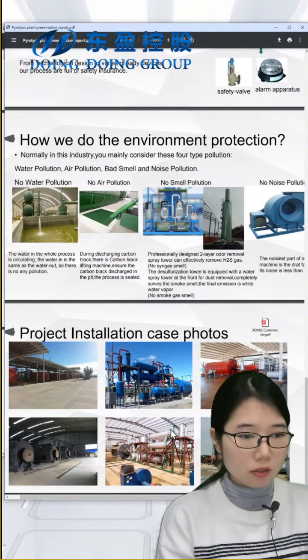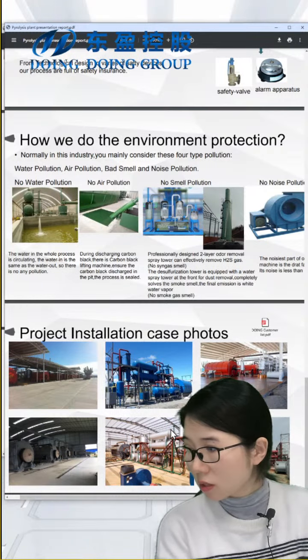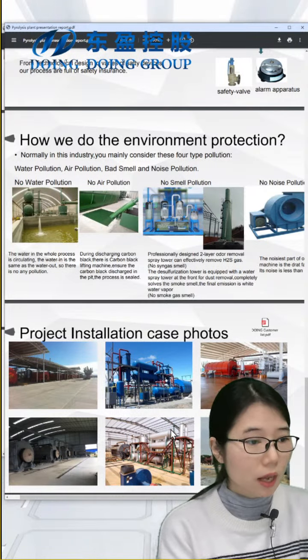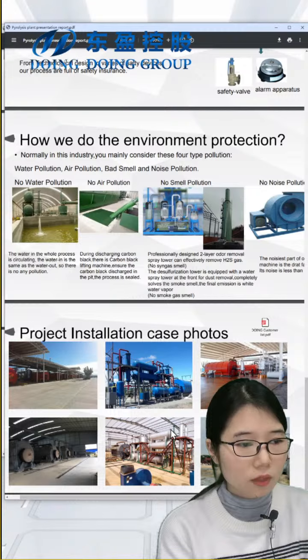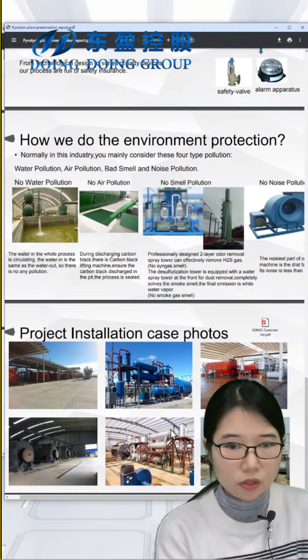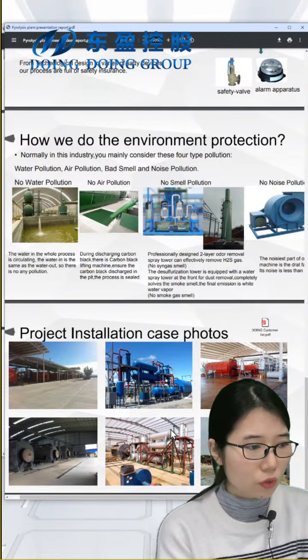Some customers may worry about the machine installation because they say our machine is very huge, so they don't know how to do it.